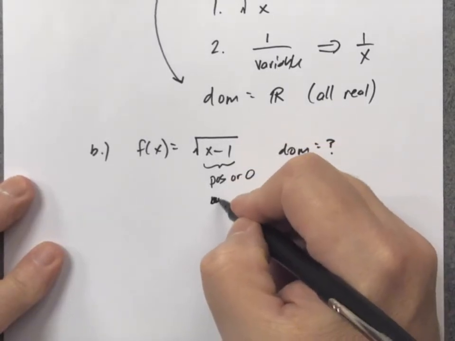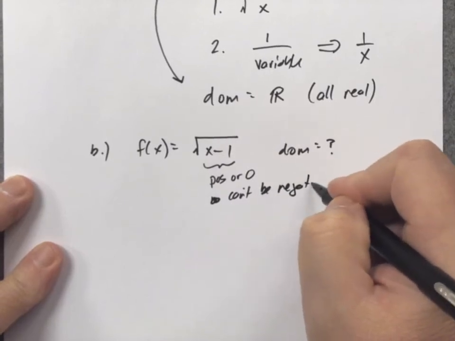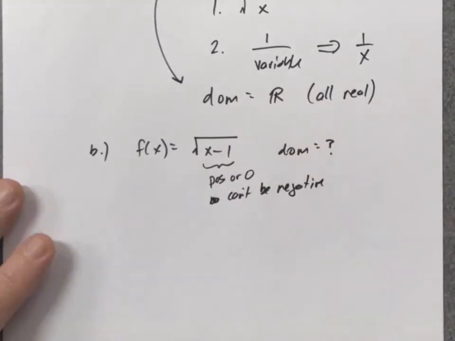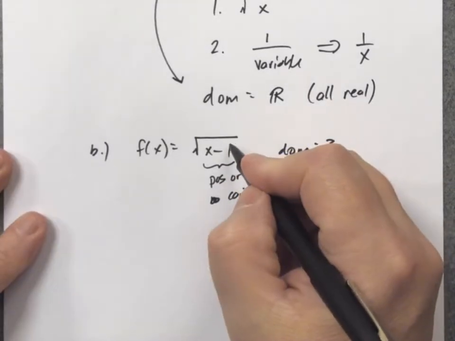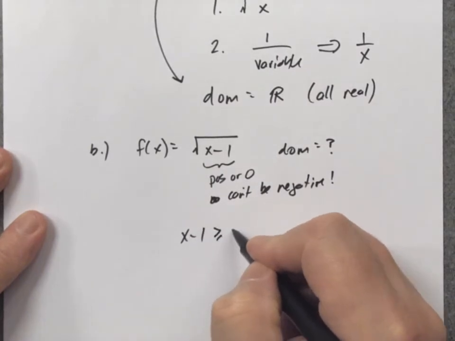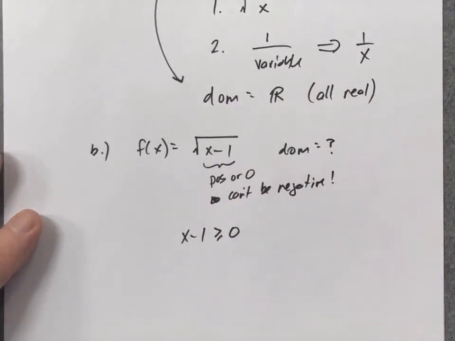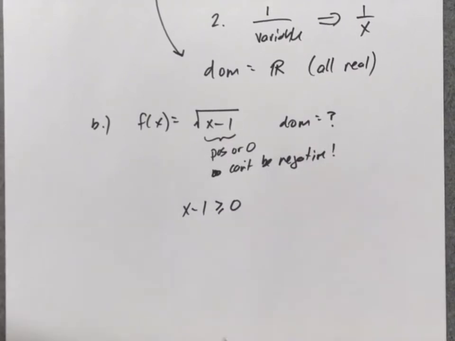In other words, we said this a few minutes ago, you can't end up with a negative number under the square root. We cannot take the square root of a negative number. So bottom line is, easiest way to think about this, you take whatever's under the square root and you say, I've got to make sure whatever's under the square root is greater than or equal to 0.